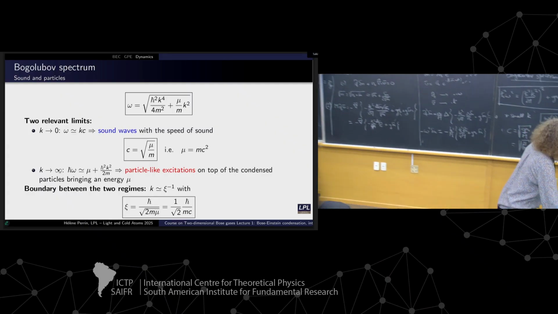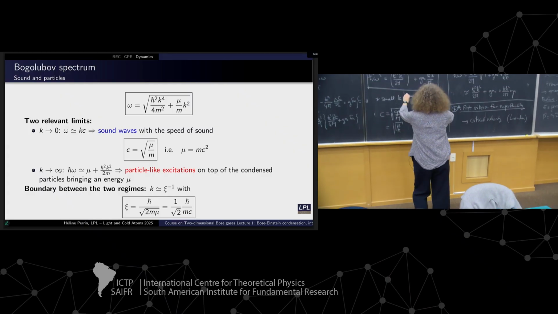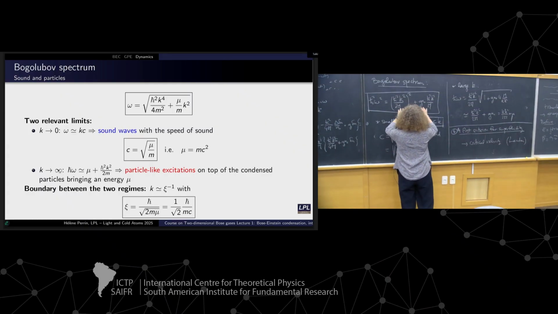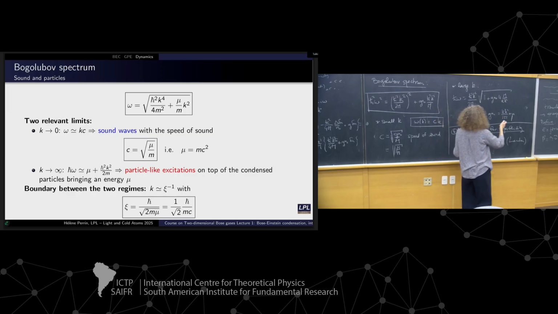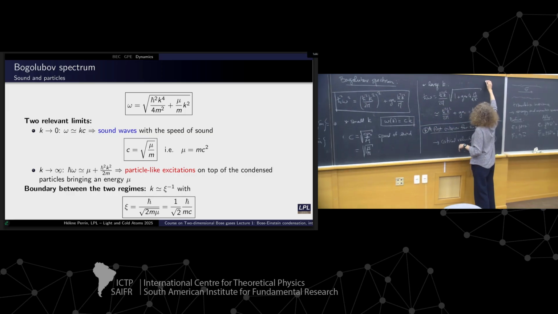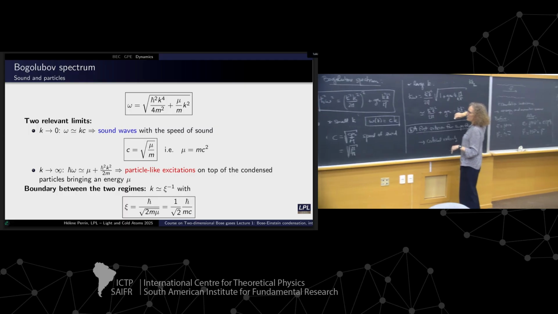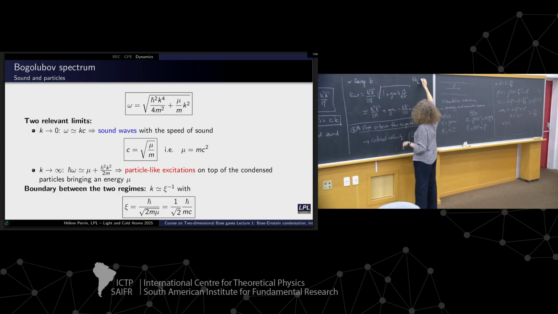What is large, what is small? Well, it depends on the relative weight of these two terms. Large means k should be greater than g n0 times m, essentially, or 2m, let's say.